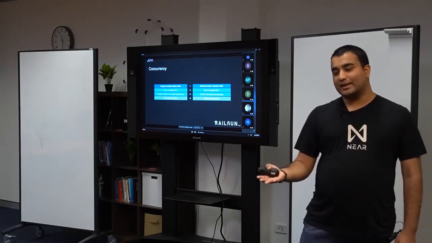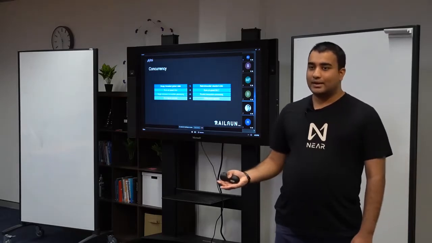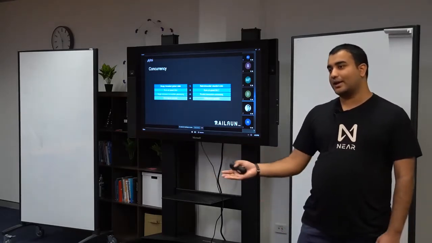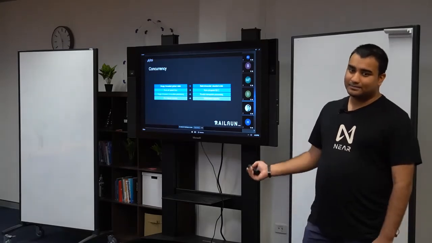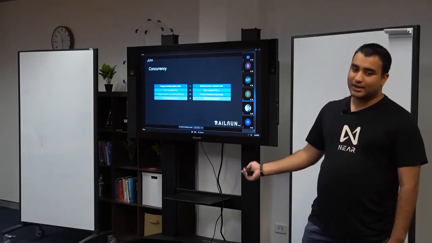So instead of only being able to run 1,000 transactions per second, you can now run 1,000 squared transactions per second. So we get exponential scalability out of it.